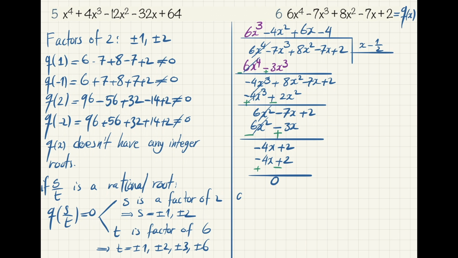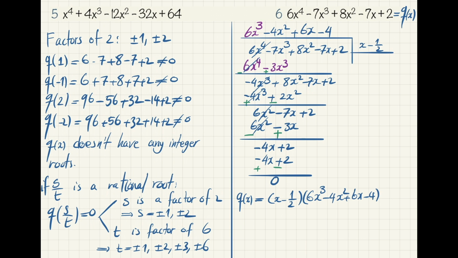So let me write q of x for simplicity. q of x is equal to x minus a half multiplied by 6x to the 3 minus 4x to the 2 plus 6x minus 4. You might think that I was not able to factorize it over the set of integers because 1/2 is not an integer, but look, here I can factor 2 out of it.